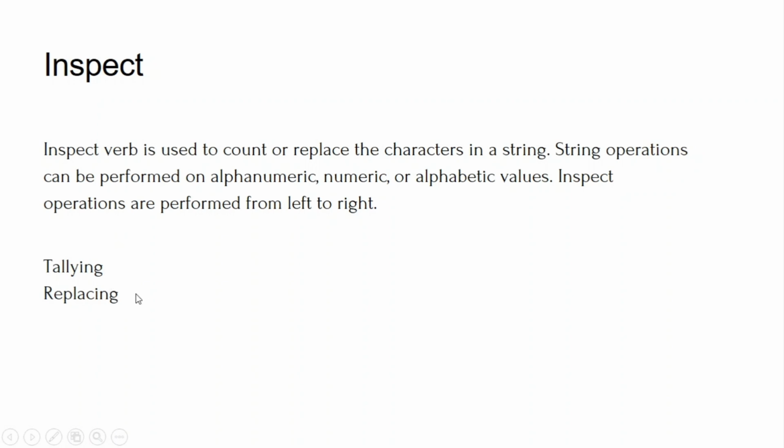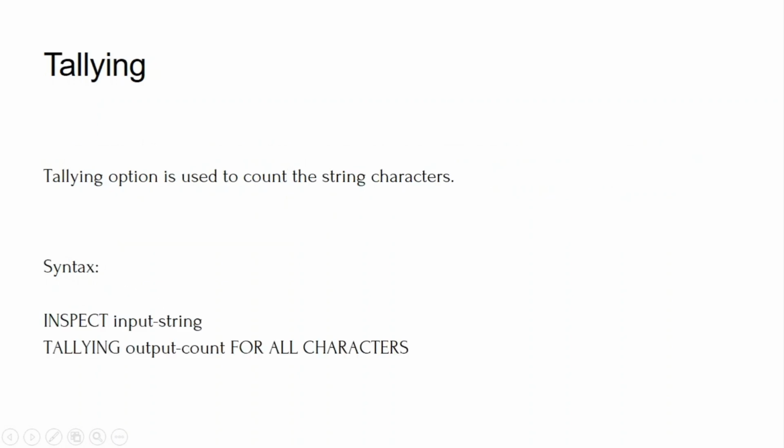Let's understand tallying first. The tallying option is used to count characters in a string. Syntax is inspect input-string tallying output-count for all characters. So basically it gives us the count of a character in the given string.